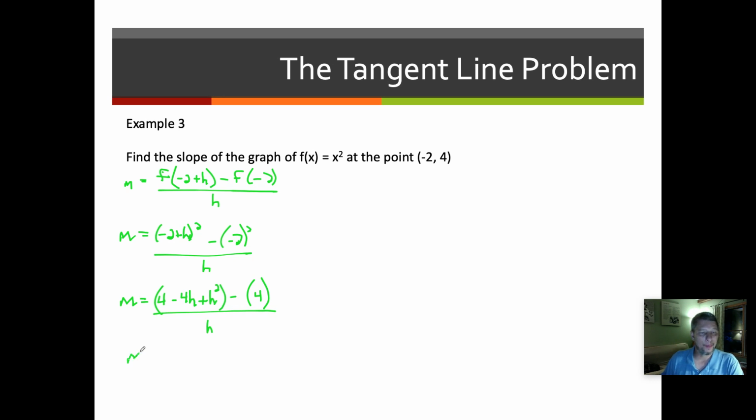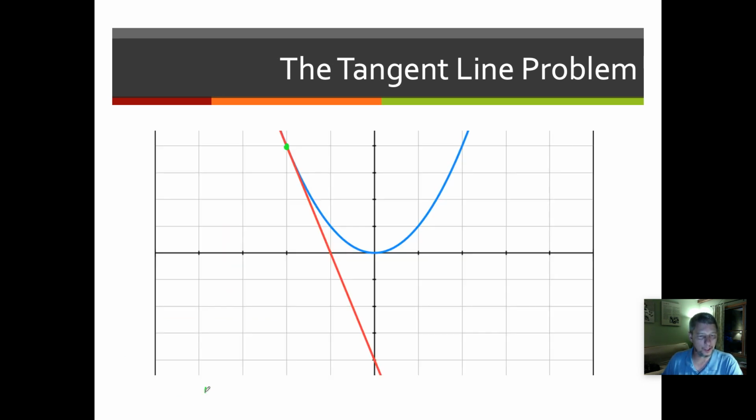Now, go right through this. The 4 and minus 4 cancel out. I'm left with negative 4h plus h squared all over h. And so that's, if I cancel out the h's, the value of my slope is going to be negative 4 plus h.